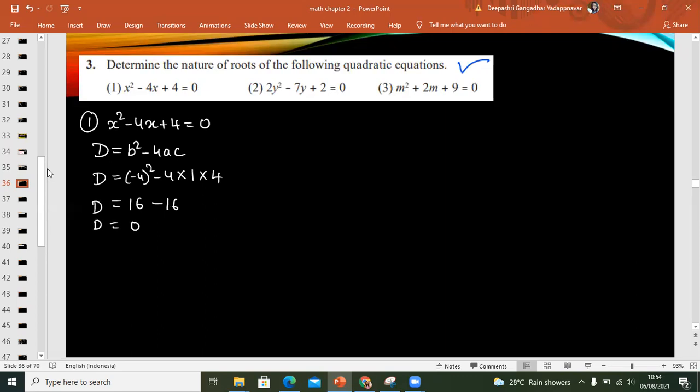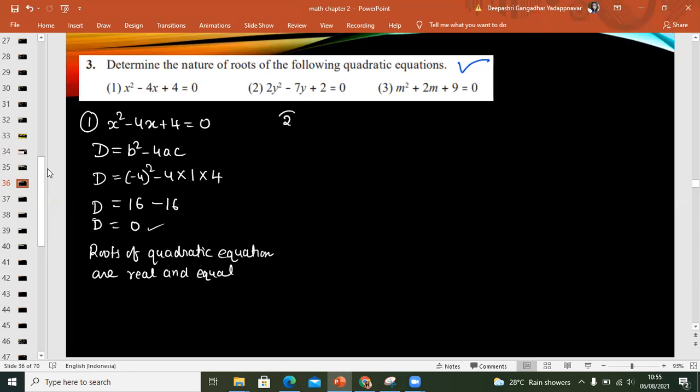So since D value is 0, we have to write the nature of roots as: roots of quadratic equation are real and equal. If this is the case, then we have to write this as the nature of the quadratic equation.